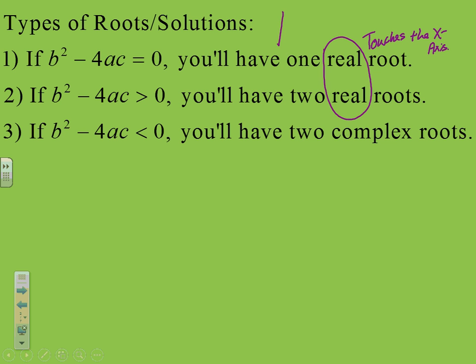If we were to graph a parabola, it has to actually touch the x-axis. And the last one, if the discriminant is less than 0, we will have two complex or two imaginary roots. And something like that typically is a parabola where it never touches the x-axis at all.